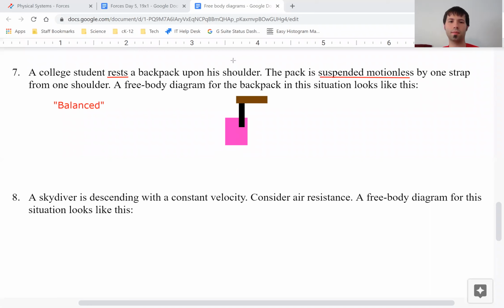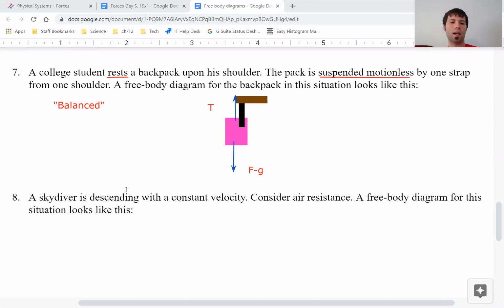Whoops, excuse me. Draw with the color you can see. The force of gravity being balanced by tension along that strap. Again, something's hanging or being suspended. You should recognize that is tension. T for tension, and then there's gravity.